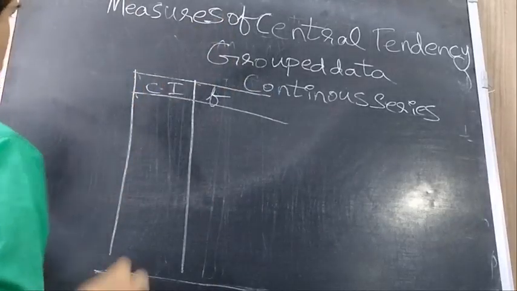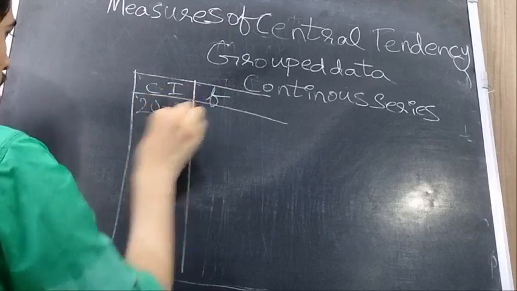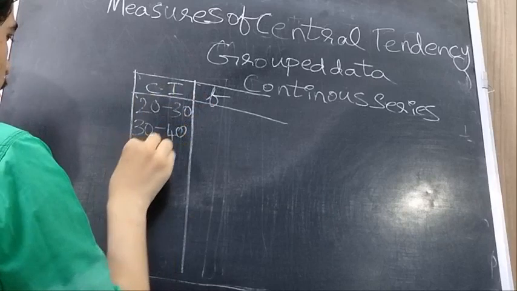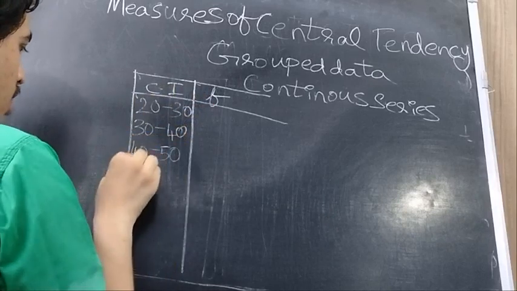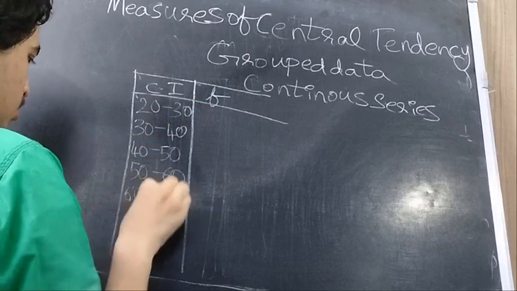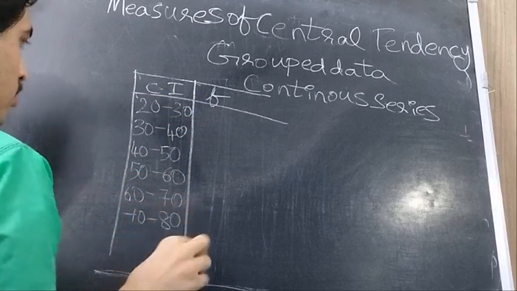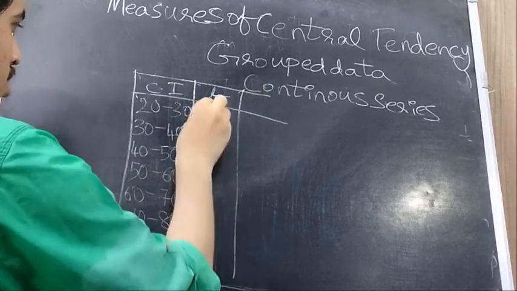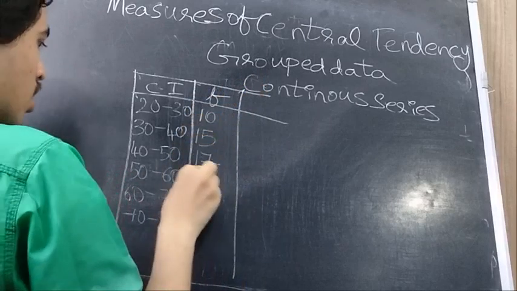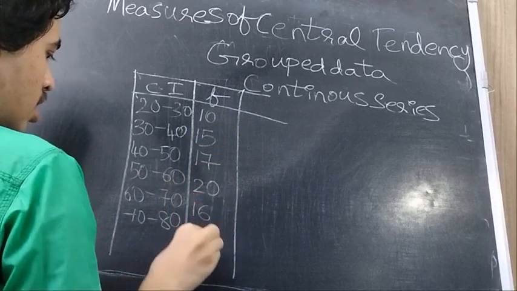In the continuous series there will be no x. The class intervals are 20 to 30, 30 to 40, 40 to 50, 50 to 60, 60 to 70 and 70 to 80. Now the frequencies are 10, 15, 17, 20, 16 and 30.